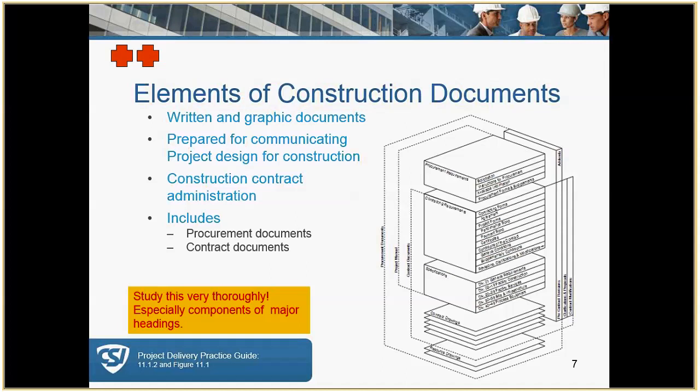Construction documents, note, include both the procurement and the contract documents portion. You should have in your handouts a large printout of this particular slide, which would be helpful to refer to. Keep in mind, contract documents include both the written and the graphic documents, and they're prepared for communicating the project design to the constructors.